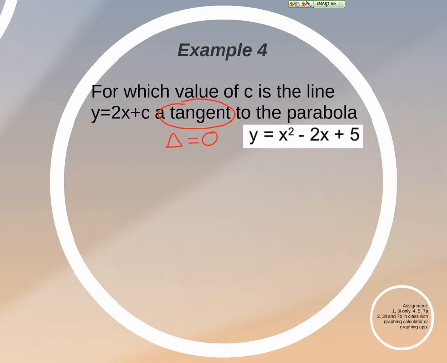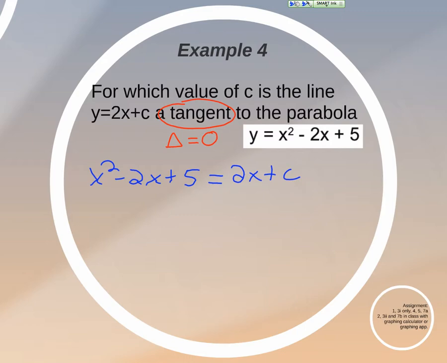We'll start out the exact same way by setting it equal, even though we have that c in there and it's a little bit weird. So we'll have x squared minus 2x plus 5 equals 2x plus c. And we'll bring everything over to one side before we try to calculate that discriminant.